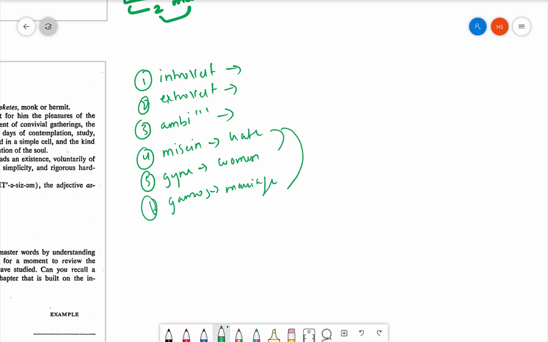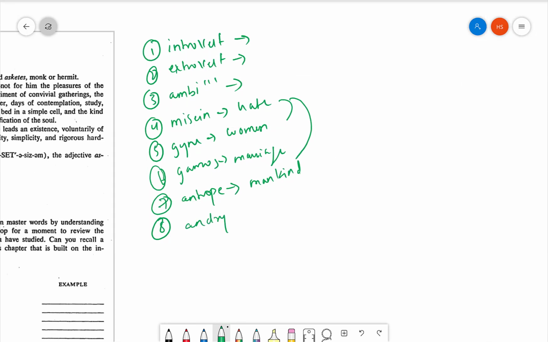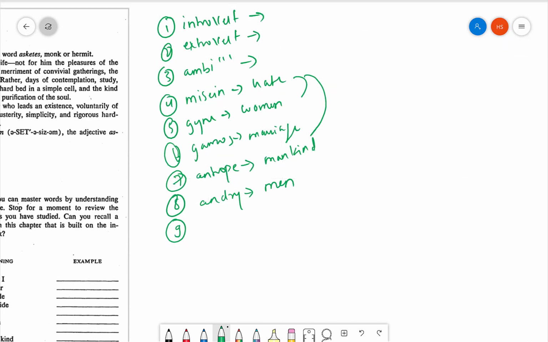And we learned how these three things can work together. We learned anthrop, which means mankind. Andr means men. Then we learned dexter, which means right hand.